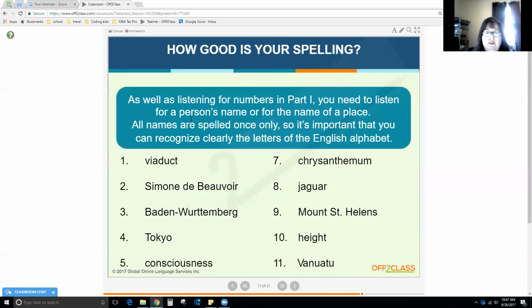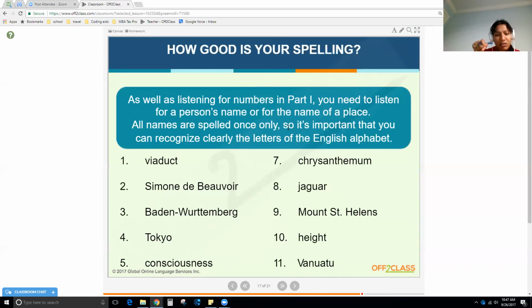So if you were looking through this list, which of these would you consider names? Second one, Simone de Beauvoir. Sure. And Baden-Württemberg. And Mount St. Helens is the name of a place, I think. And Tokyo is also the name of a place.